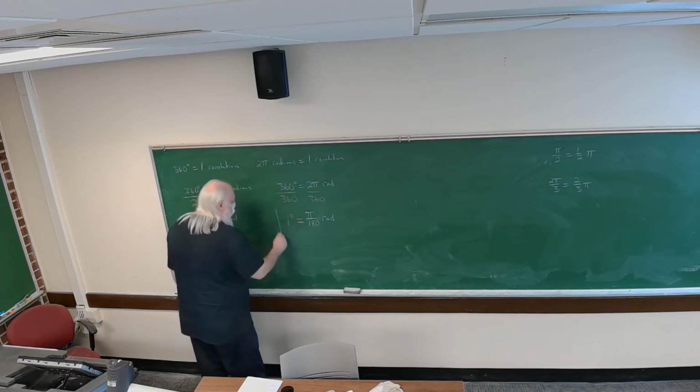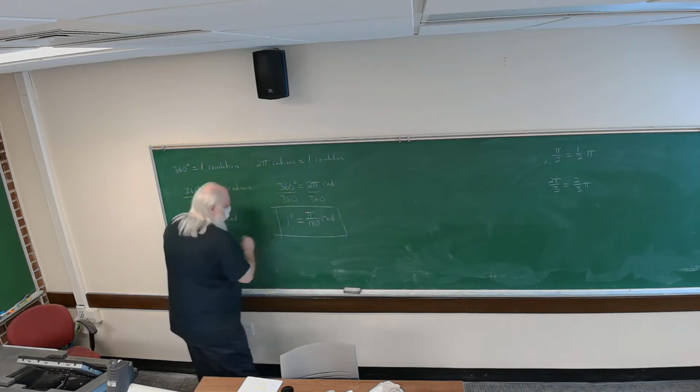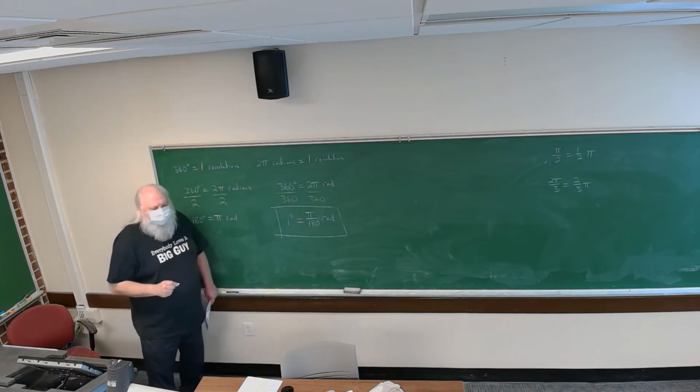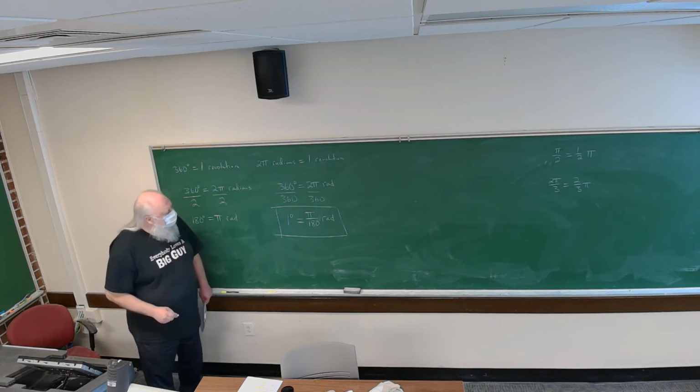So 1 degree is the same angle as pi over 180 rad.